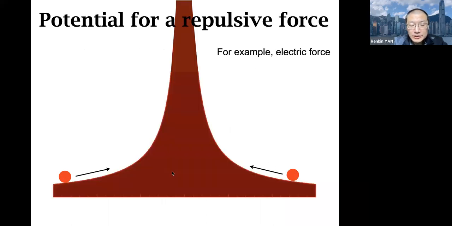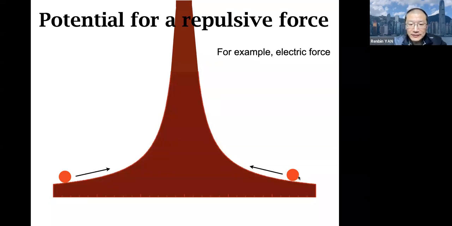So we want to use this potential diagram to show you what it's like, right? The potential diagram for the electric force is like a mountain. You're trying to push two positive charges together, and the closer they get, the stronger the repulsive force they feel. So the harder it gets to push these two things together.